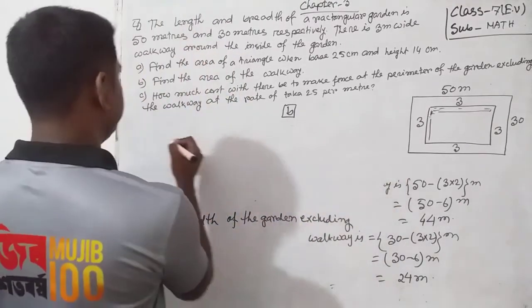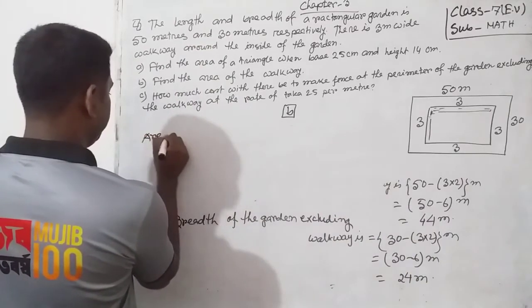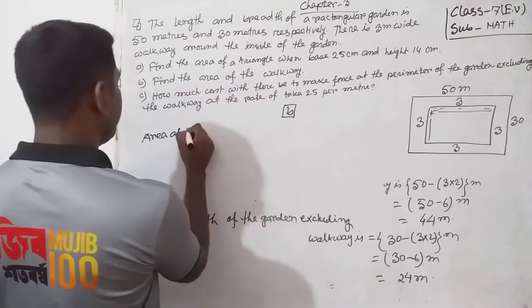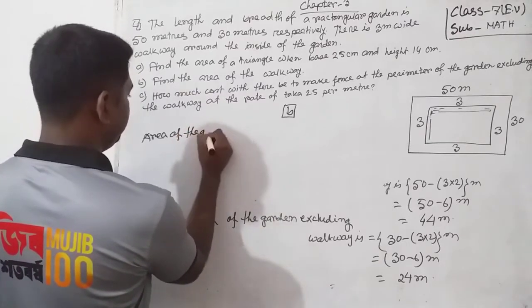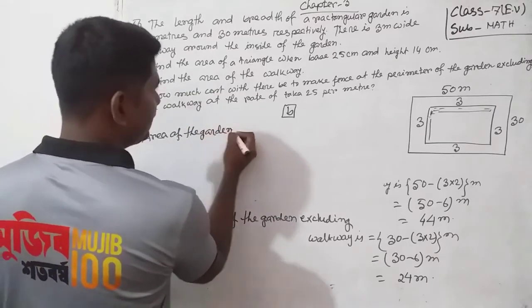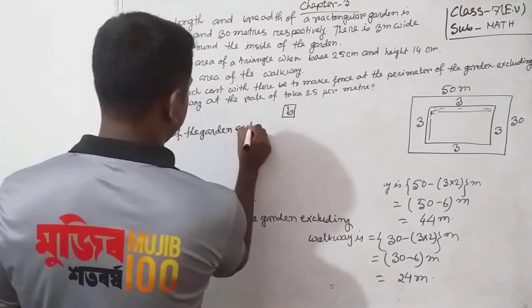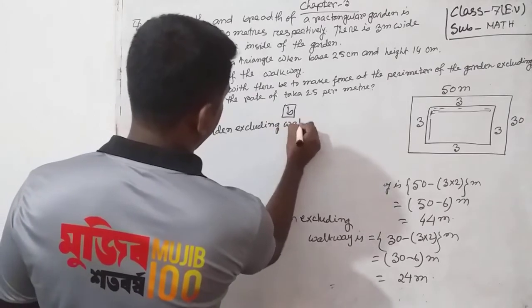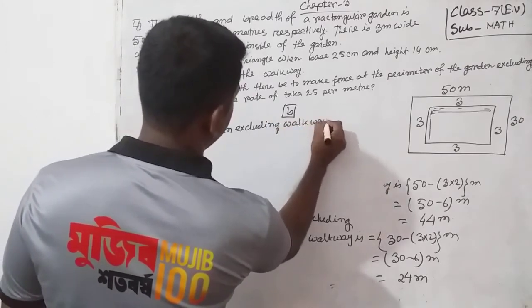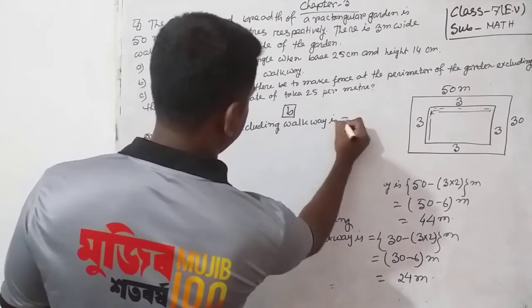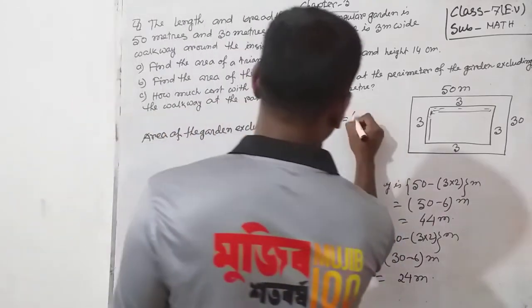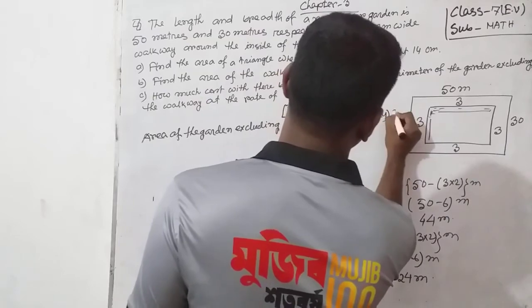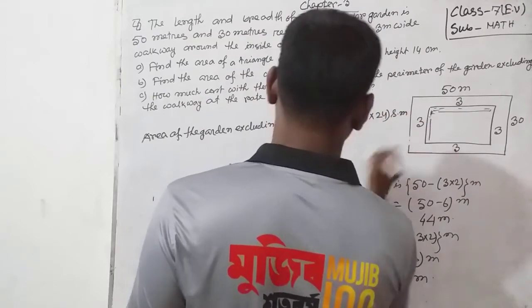Area of the garden excluding walkway is 44 into 24 square meter.